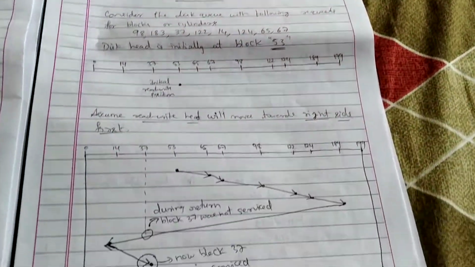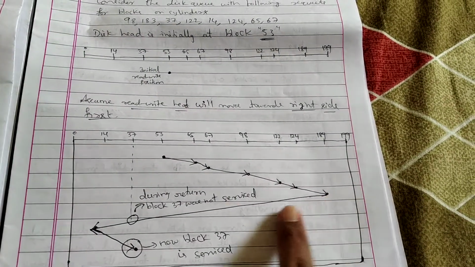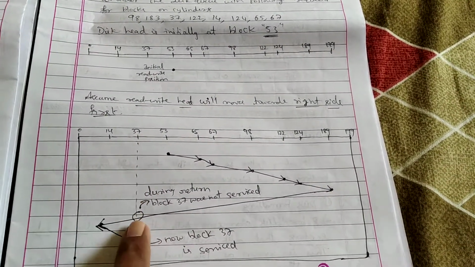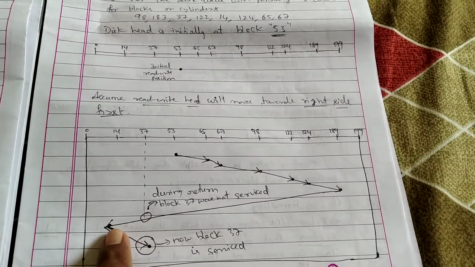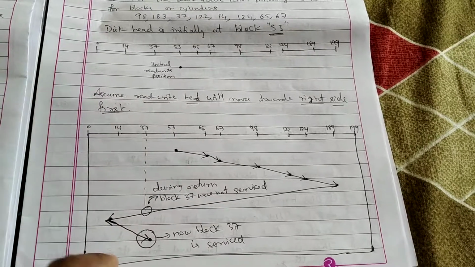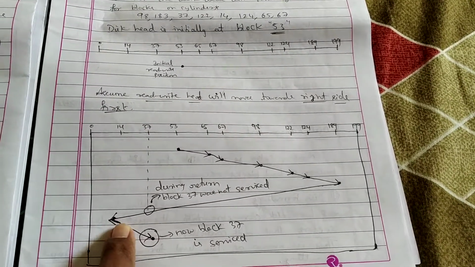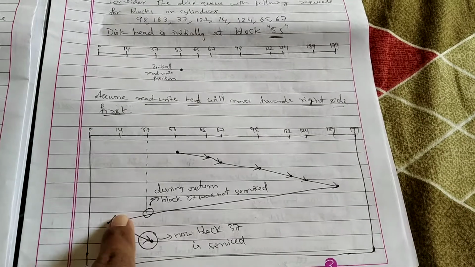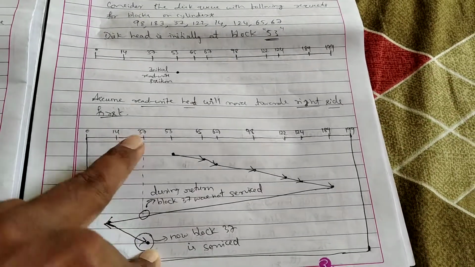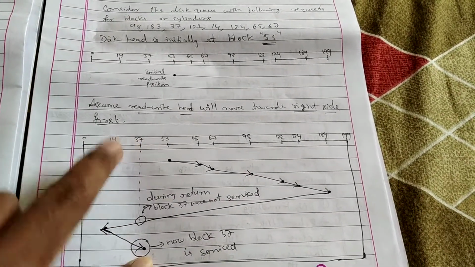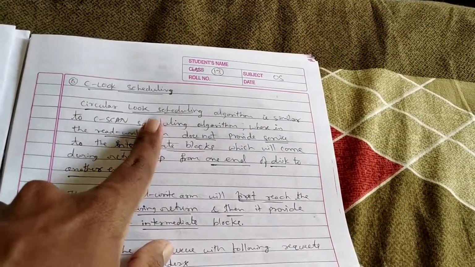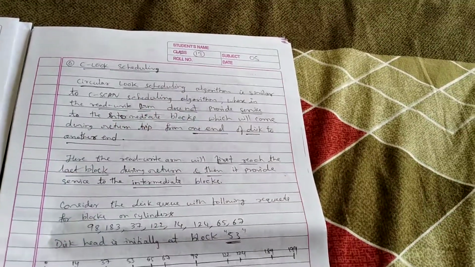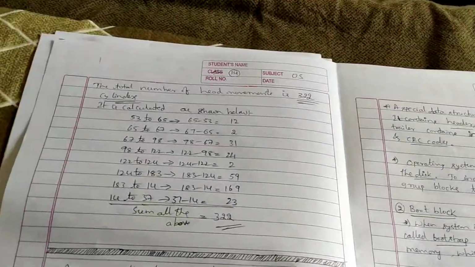But in the C-LOOK scheduling technique, when it is making the return, you will get block 37, but it will not be serviced first. It will move to the last block at the other end of the disk. The last block is 14, correct? So it will be serviced first. After that it will service the next block, that is 37. That's how the C-LOOK scheduling algorithm works, and the calculation will remain the same.